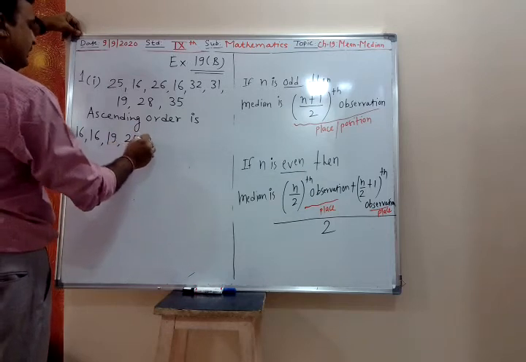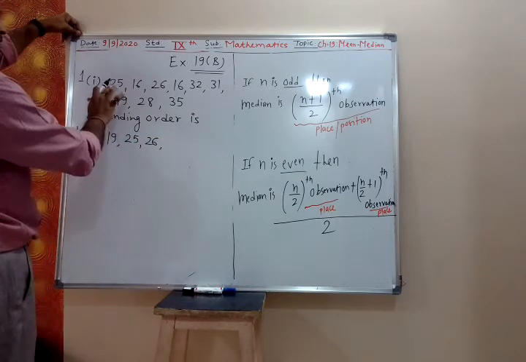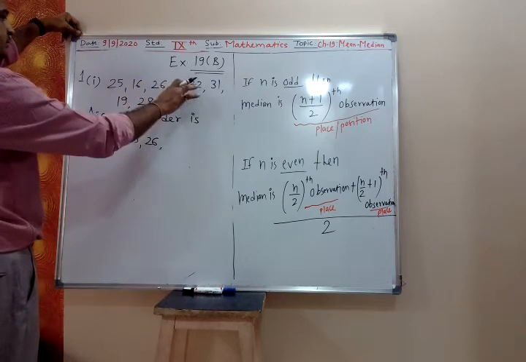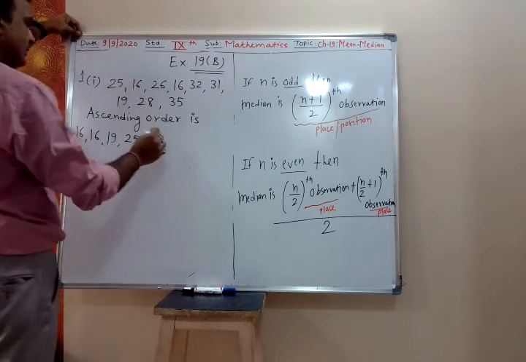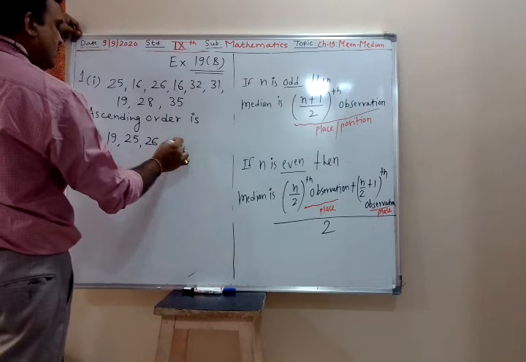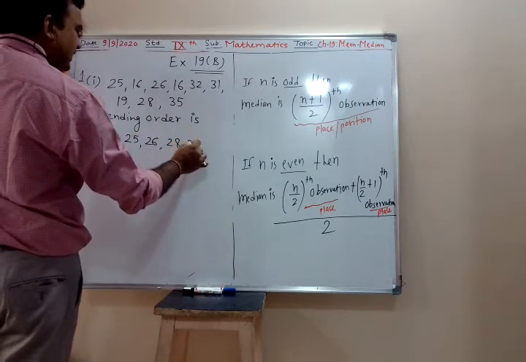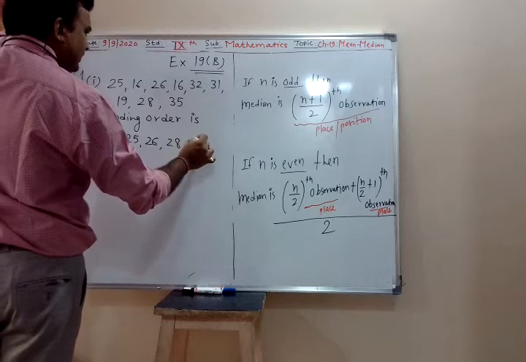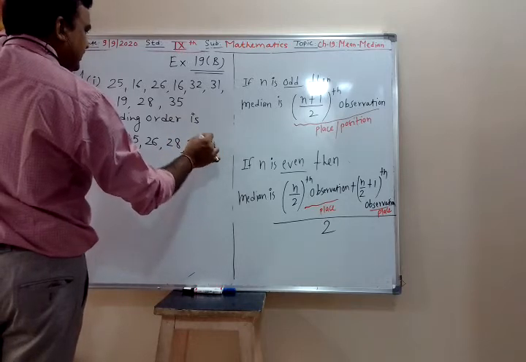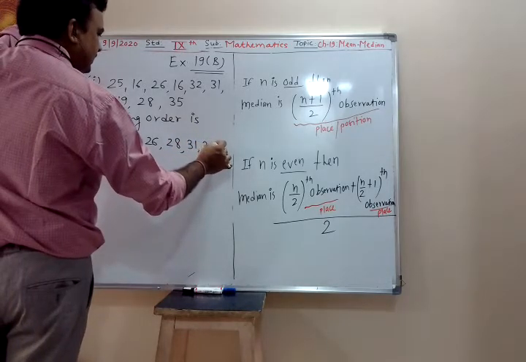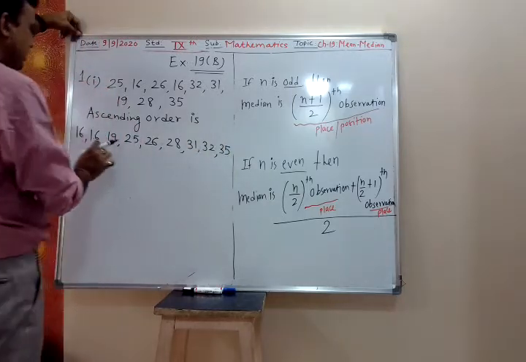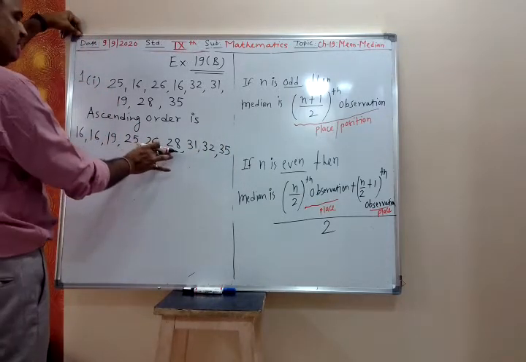After 25, it is 26. Then it is 28. Then 31, 32, 35. Right now you cannot conclude what is my median.